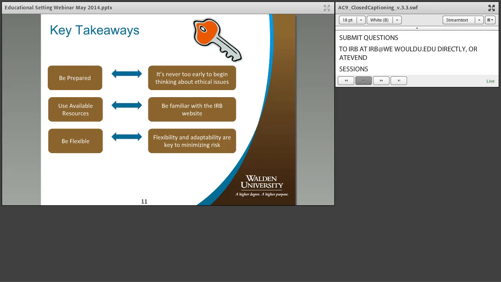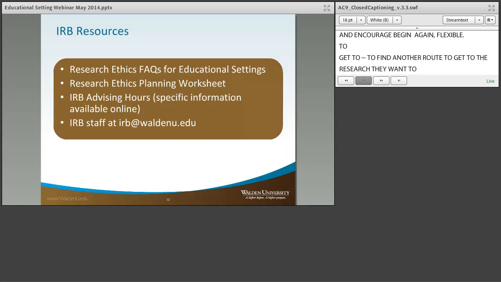I'd also encourage flexibility, to help students understand that there might be another route to get to the research that they want to conduct. And if you want to go to the last slide, Lori, I just wanted to highlight some of the IRB resources we have available. Again, these documents are on our website, and early planning is the best thing we can do to help our students.